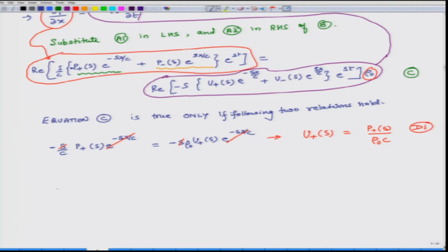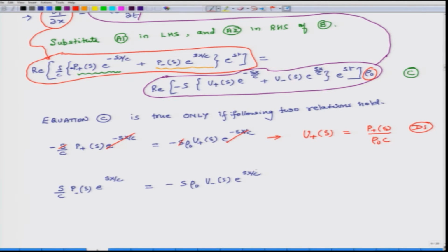So, this is the first relation which has to hold true, and the second relation which has to hold true is S over C times P negative times e to the power of S x over C equals negative S rho naught u minus S e to the power of S x over C. Okay.